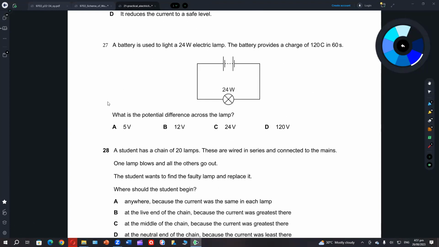A battery is used to light a 24-watt electric lamp. The battery provides a charge. What is the potential difference across the lamp?